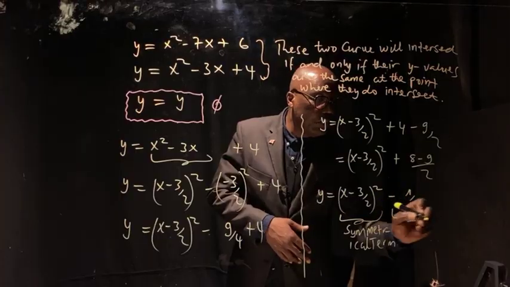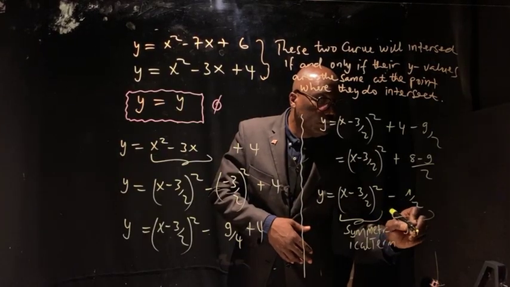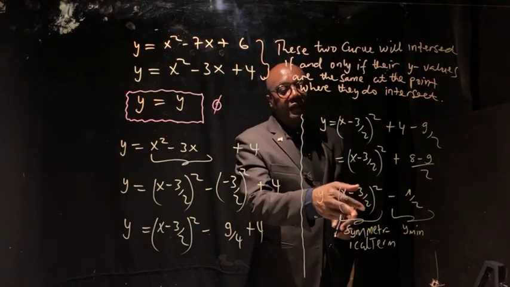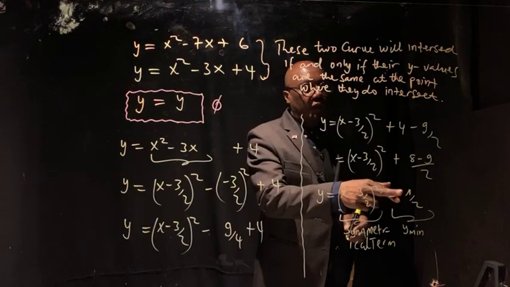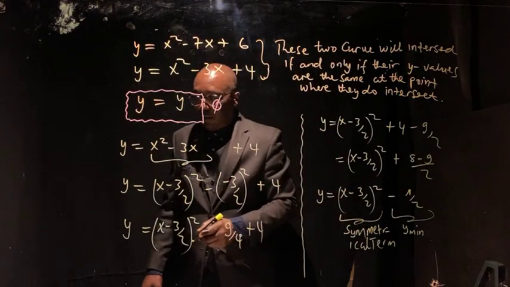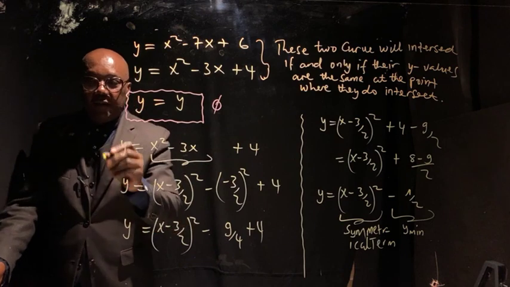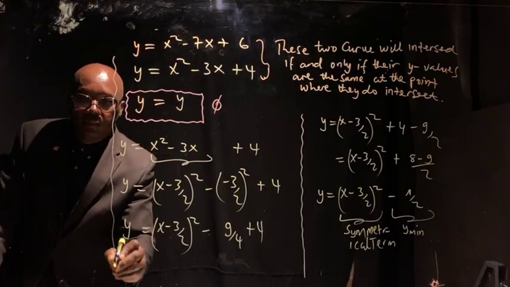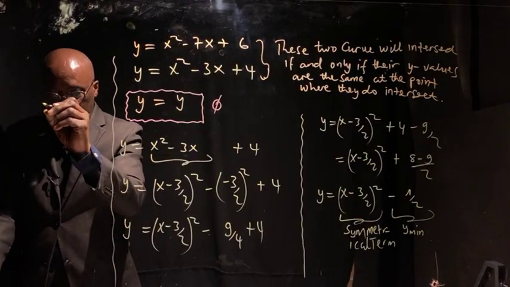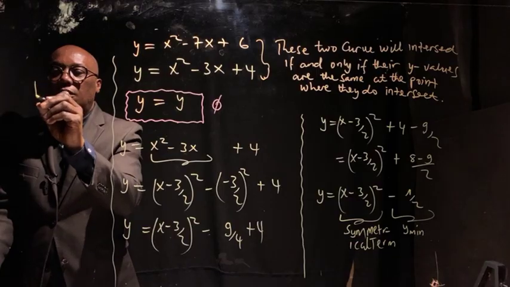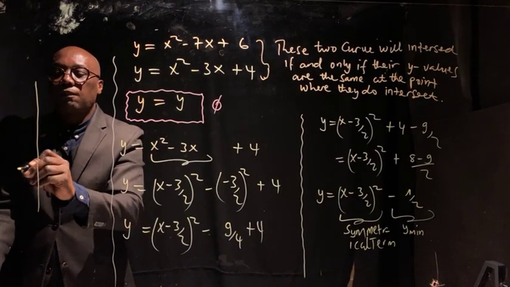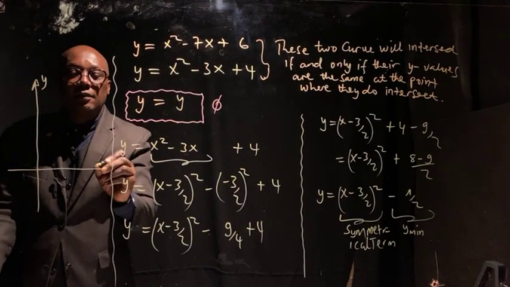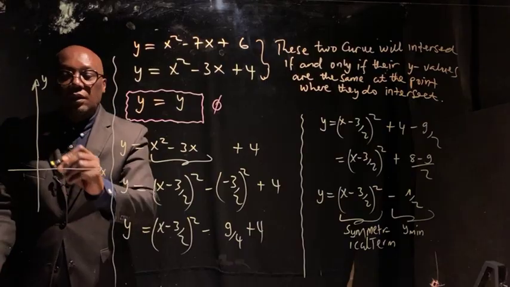And this is the y minimum term. It tells you that the symmetry occurs at 3/2, and the y minimum is half. So, for that graph, it will look like y against x.